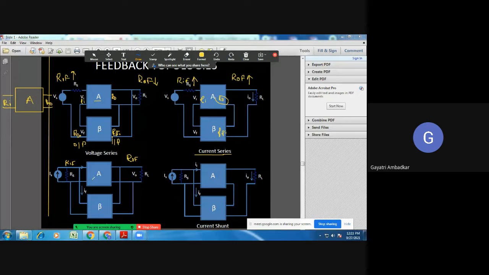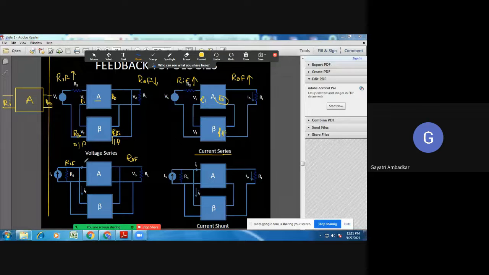Apply the basic terminology. We will derive the equation later, but you must understand that when we are connecting any two networks in parallel or series, what happens to the resistance?